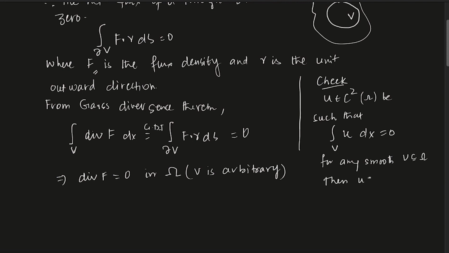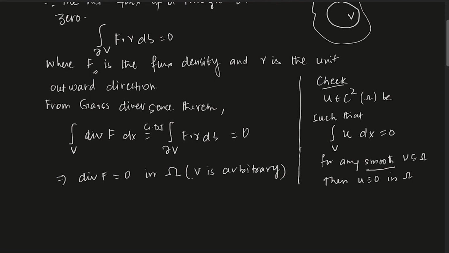Then u has to be 0 in omega. See, one thing is this: why am I talking about smooth V in omega? If you remember, the Gauss divergence theorem says that the region where you are integrating has to be a smooth region, at least C1. So that is why I'm assuming it to be smooth.